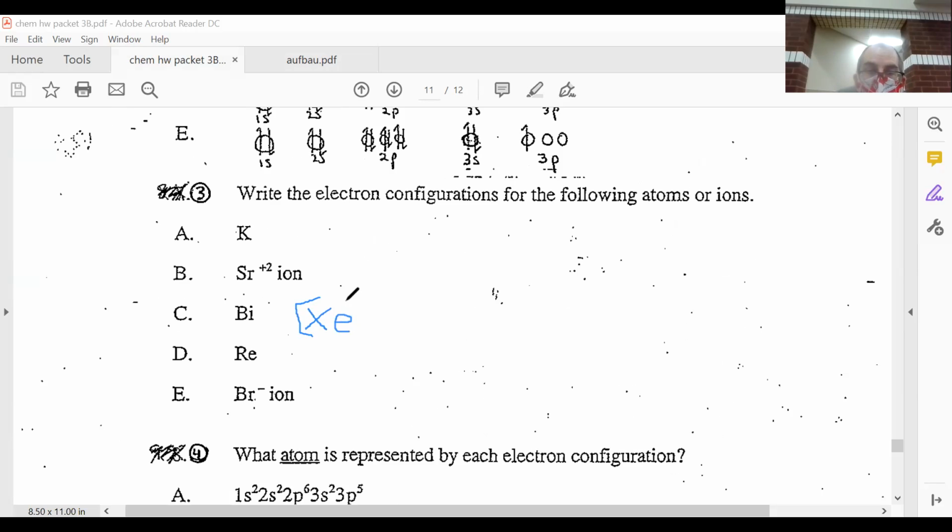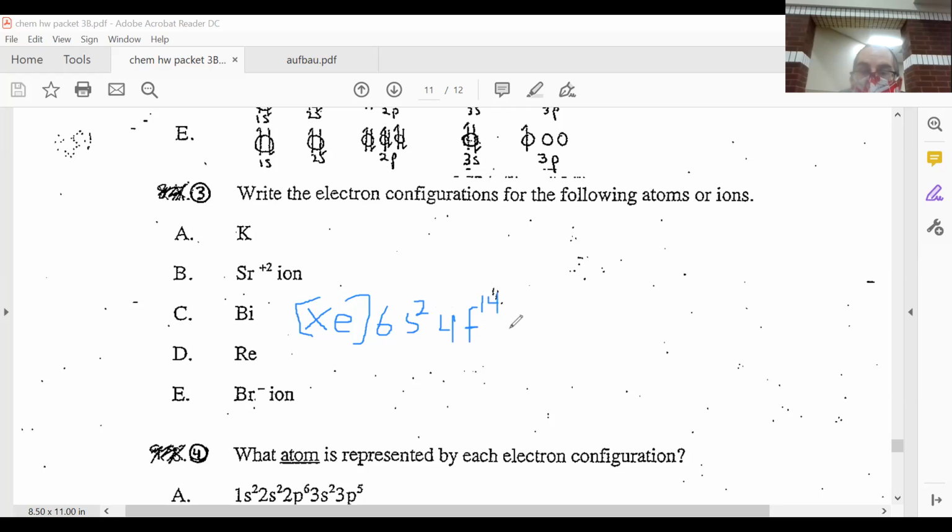After you look at the first 5 shells, what comes next? It's 6s2. And then there's the 4f14. Okay, so xenon is 54, plus 2 is 56, plus 14 is 70.